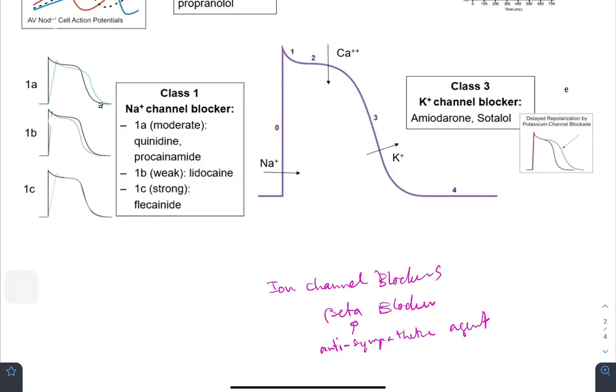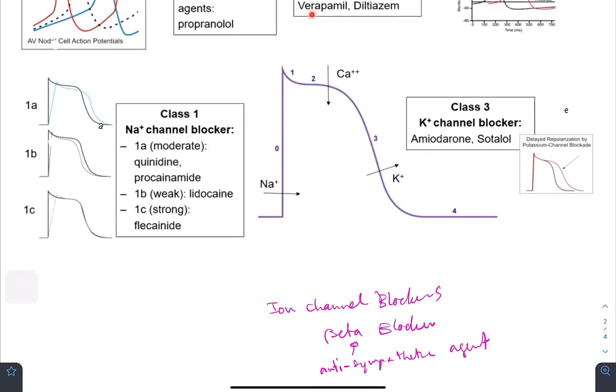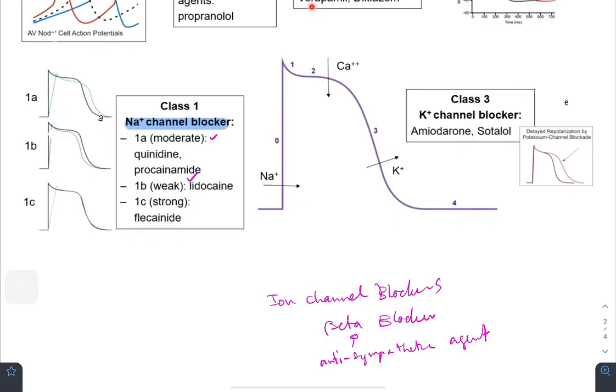So let us begin our overview of the drug class. In class 1, we are blocking the sodium channel. And they are actually subdivided into class 1A, B, and C. 1A has moderate effects, 1B is the weakest, and 1C is the strongest.